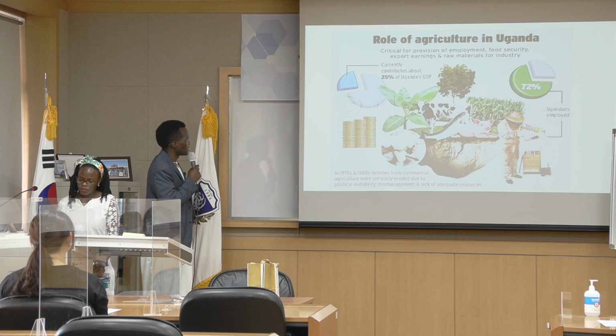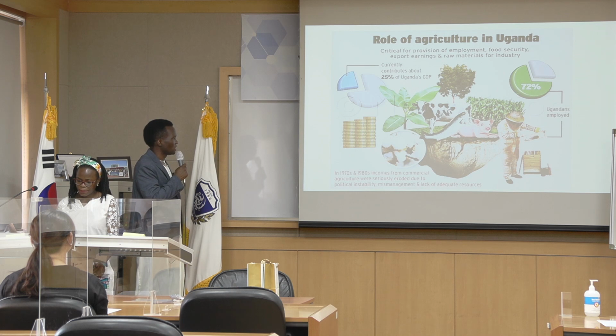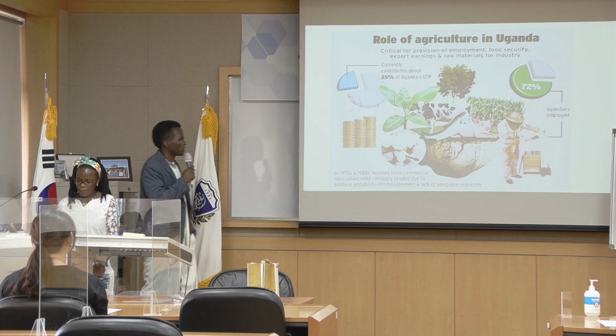In the 1970s and 1980s, incomes from commercial agriculture were seriously eroded due to political instability, mismanagement, and lack of adequate resources. As I explained to you, during that period we had the changes in government. The government of former President Idi Amin, because of his policy of giving the economy back to Ugandans, expelled most Asians and most foreigners.